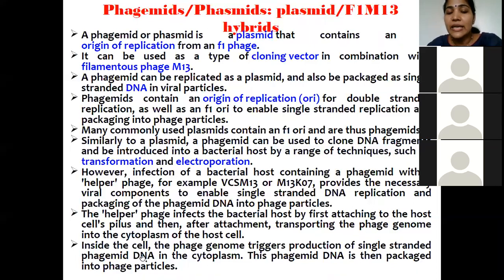Inside the cell, the phage genome triggers production of single-stranded phagocyte DNA in the cytoplasm, and this phagocyte DNA is then packaged into the phage particles. How the virus will go through the lytic and lysogenic phase, that is what will happen later, once this phagocyte is carrying our recombinant DNA into the bacteria.